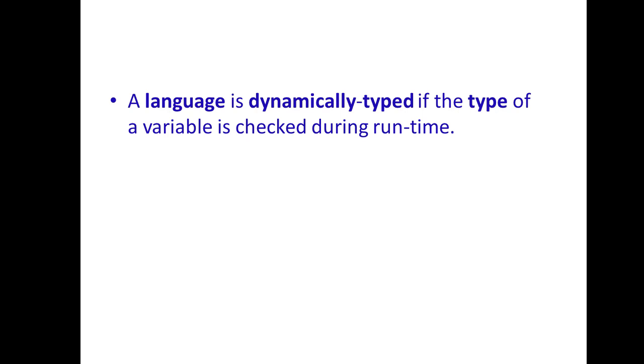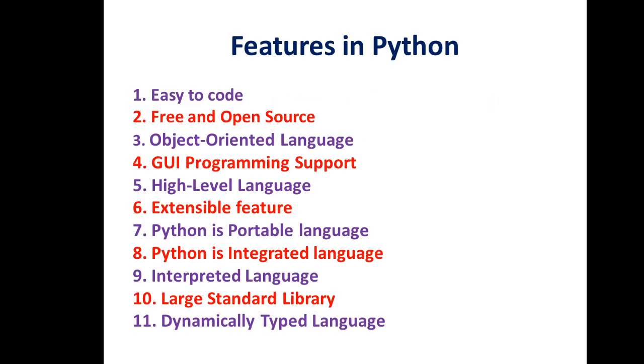The type is only decided at runtime. With this feature, we need not specify the type of the variable when we write a program. So it saves our time and also increases the efficiency of the code.